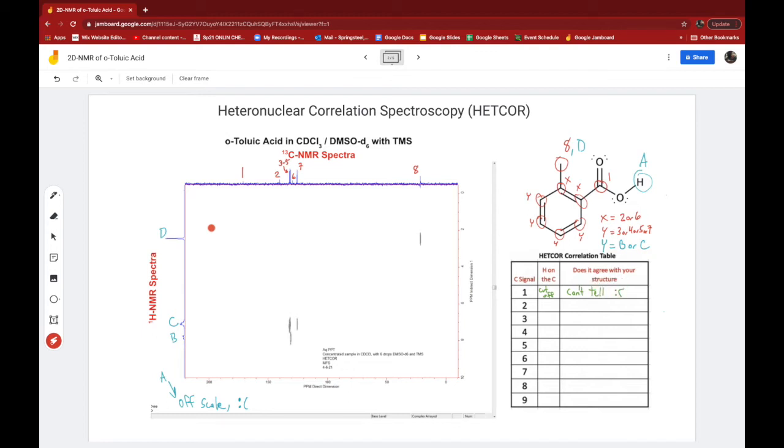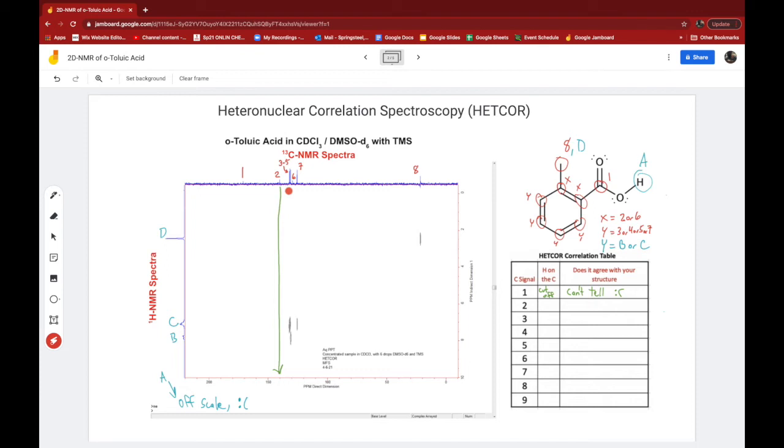Okay, let's move on. If you look at carbon signal 2, you'll notice that it doesn't have a correlation on the HETCOR. So let's follow it straight down from 2. I don't hit any correlations, I don't hit any of these signals here. That says that carbon signal 2 doesn't correlate with any of the hydrogens, so carbon signal 2 has no hydrogens.